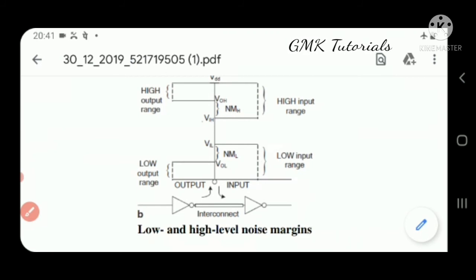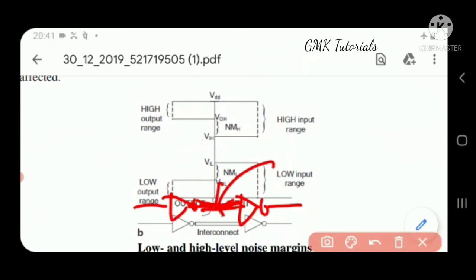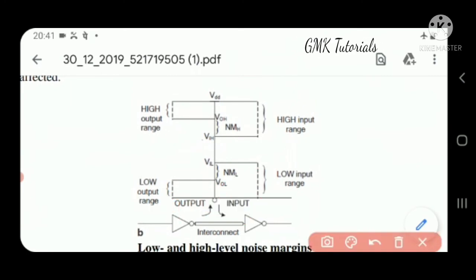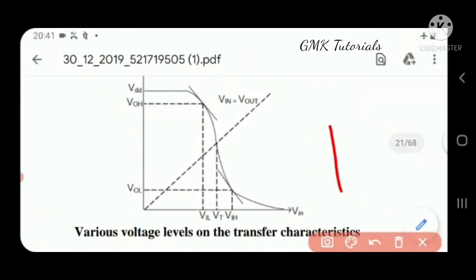Let us consider this diagram which depicts some of the information. For any inverter, we have two possibilities, either logic 0 or logic 1. Logic 0 is represented as a low output voltage and logic high as a high output value. Observing the transfer characteristics we discussed, the output may not be exactly the ideal value, but there is a small change.